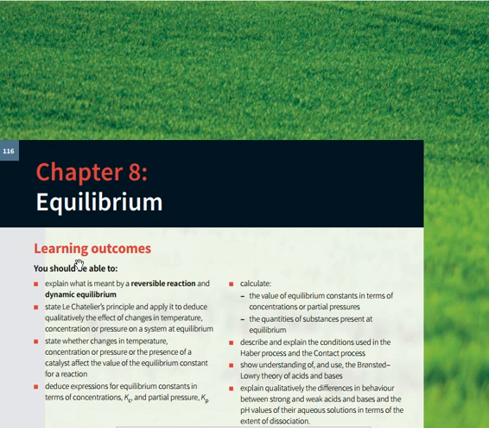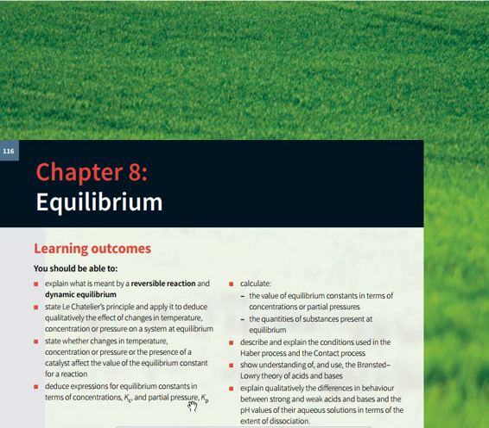So let's start. The learning outcomes here are to explain what is meant by reversible reaction and dynamic equilibrium. State Le Chatelier's principle and apply it to deduce qualitatively the effect of changes in temperature, concentration, and pressure on the system. Deduce the expression of the equilibrium constant in terms of Kc and partial pressure.